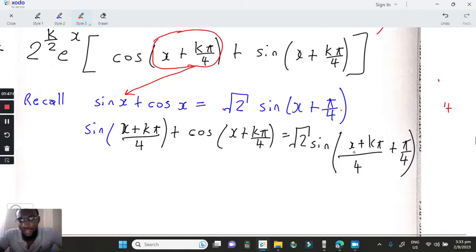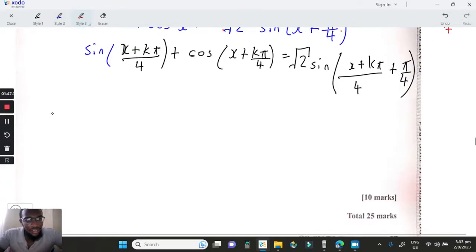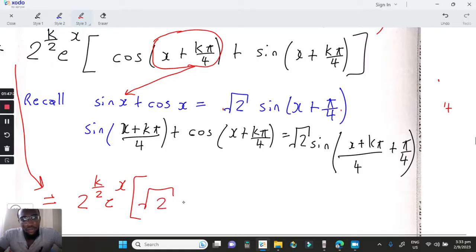So in that case now, our final answer is going to be equal to, continuing down here, 2 to the k over 2 e to the x times, in bracket, root 2 sin(x plus k pi over 4 plus pi over 4).